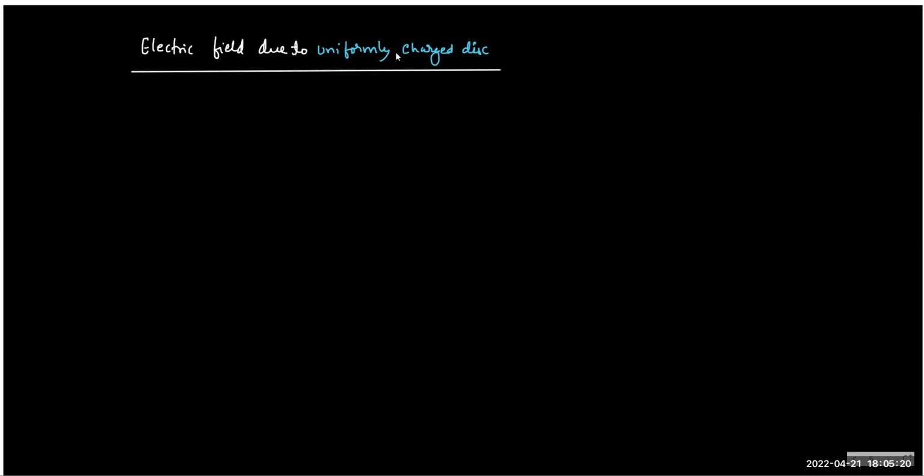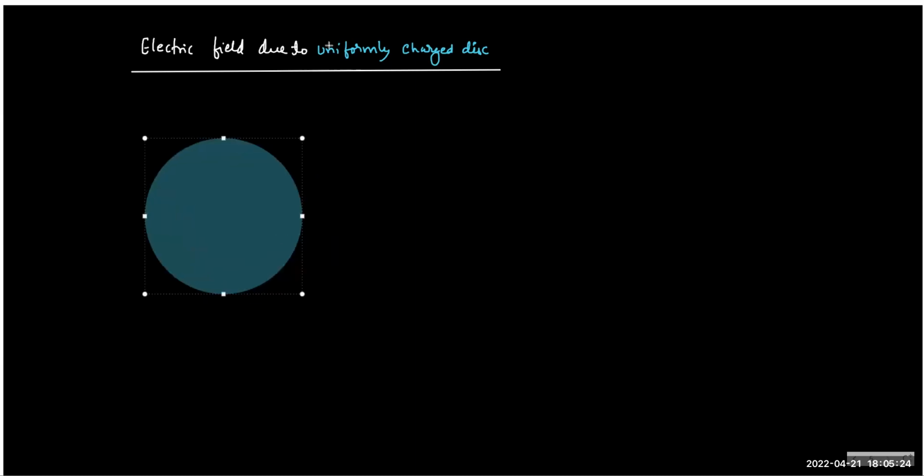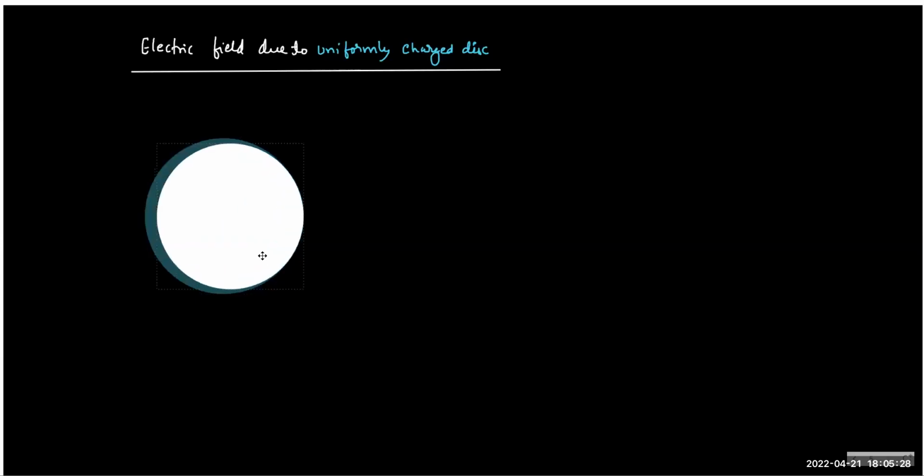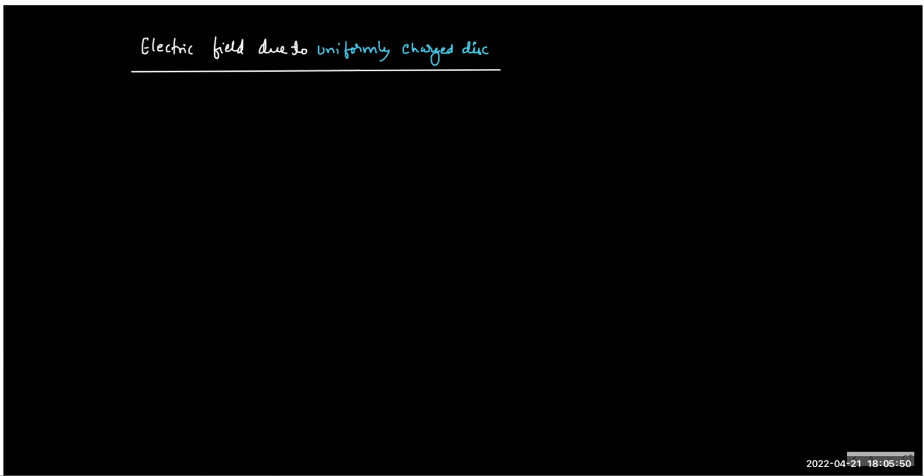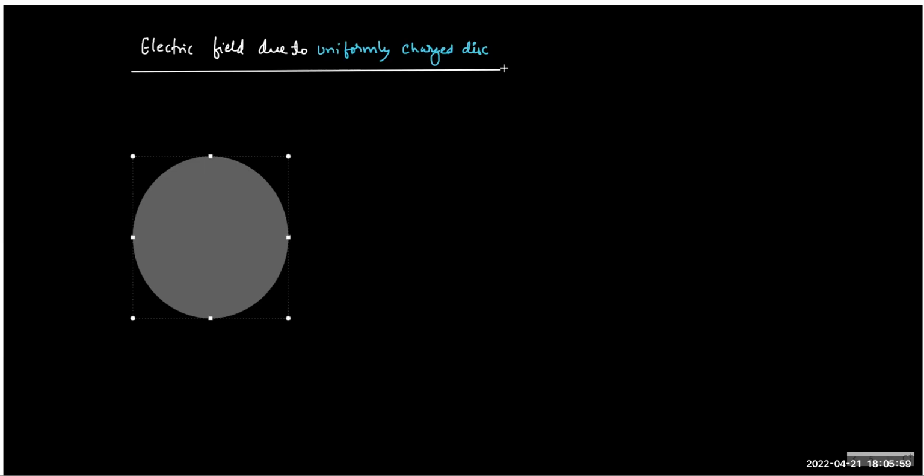So imagine we have a disk which is something like this. So this is your disk, and let's say it is uniformly charged.